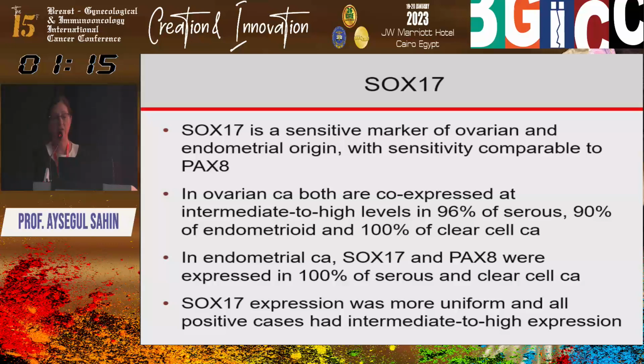Especially in ovarian carcinoma, it is expressed at intermediate or high levels in about 90% of serous and endometrioid carcinoma and 100% of clear cell carcinoma. So if our differential diagnosis is between a GYN and a breast tumor, then we use SOX17, and with SOX17 positive, it is not breast carcinoma.